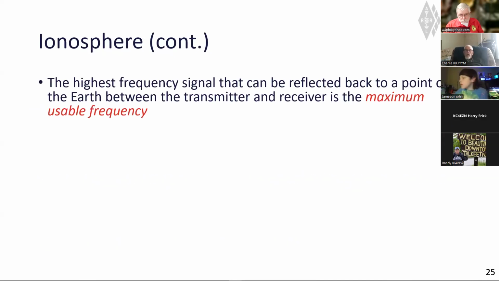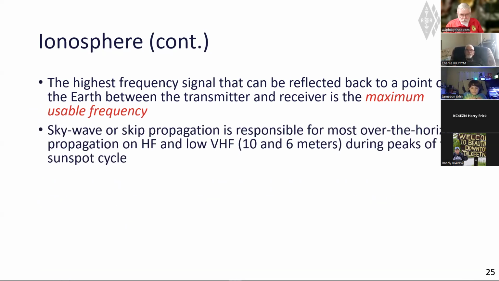Ionosphere continued. The highest frequency signals that can be reflected back to a point on the Earth between the transmitter and the receiver is the maximum usable frequency. Skywave or skip propagation is responsible for most over-the-horizon propagation on HF and low VHF, 10 and 6 meters, during peaks of the sunspot cycle.